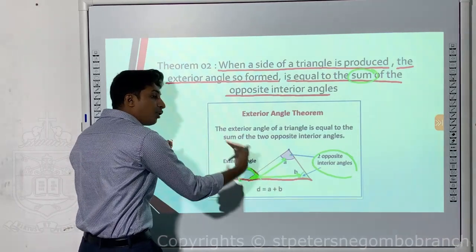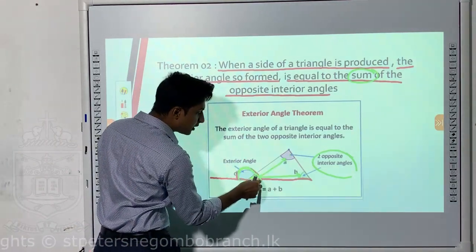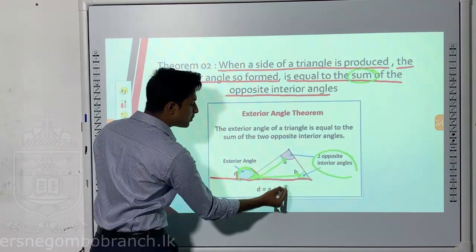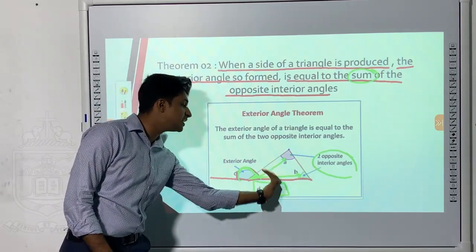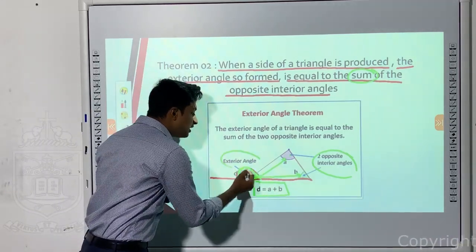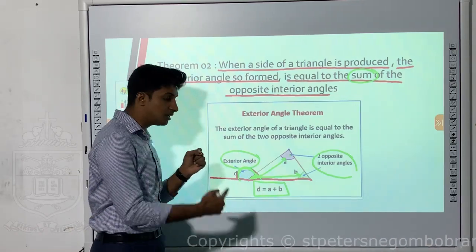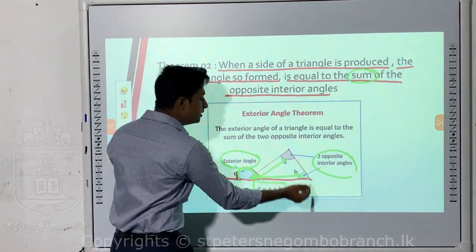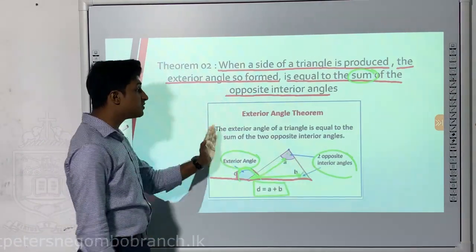The angle that forms outside is equal to the sum of the two opposite, not this one, the opposite two. That is what they have given as D equals A plus B. That means when a side is produced, the exterior angle formed is equal to the sum, the addition of the two opposite interior angles. So that's how you take D is equal to A plus B. This is very important.